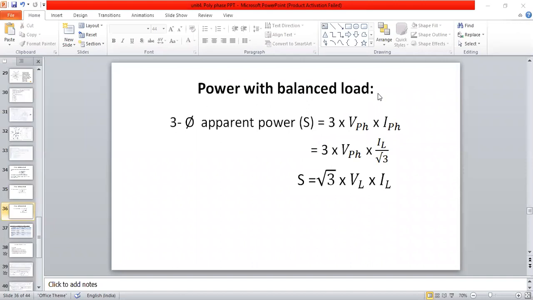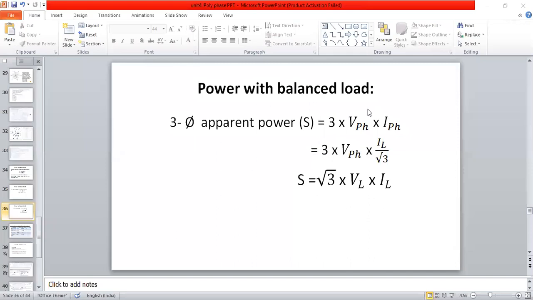What is the formula for the line voltage? Line voltage equal to what? Roll number 39. Phase voltage.